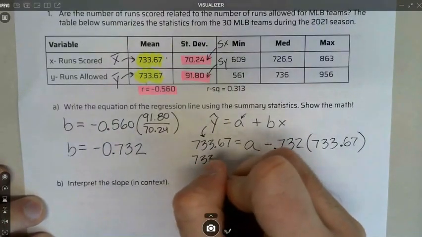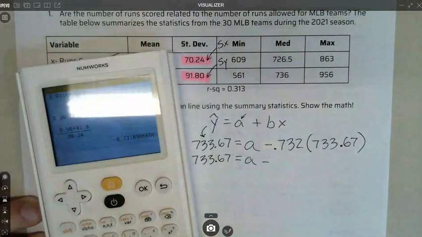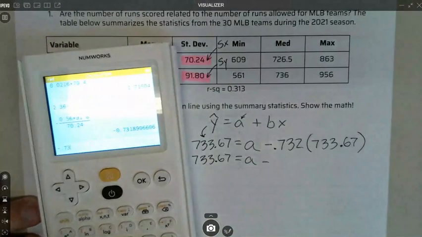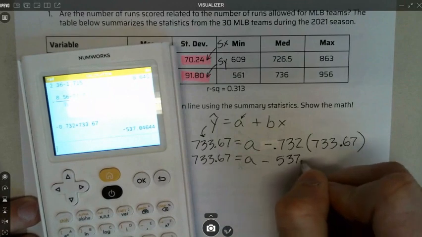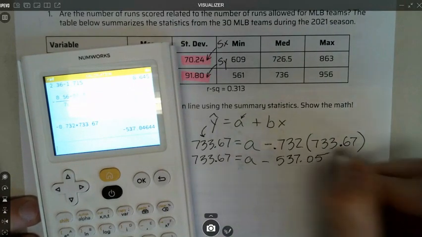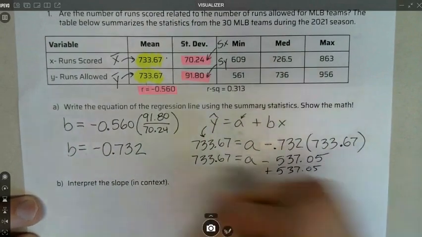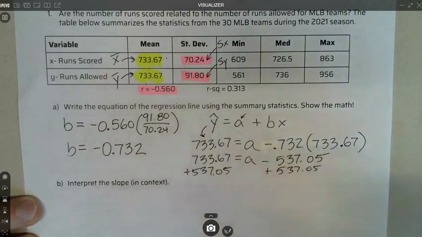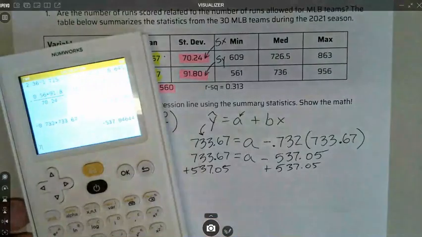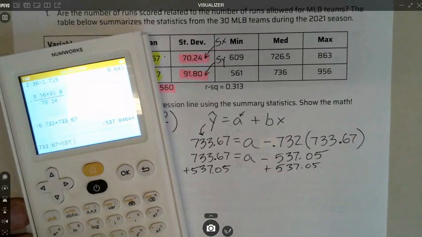So 733.67 is equal to a minus, let's evaluate that, negative 0.732 times 733.67. So minus 537.05. We'll just add that over here to the other side to solve for a. So 733.67 plus 537.05.